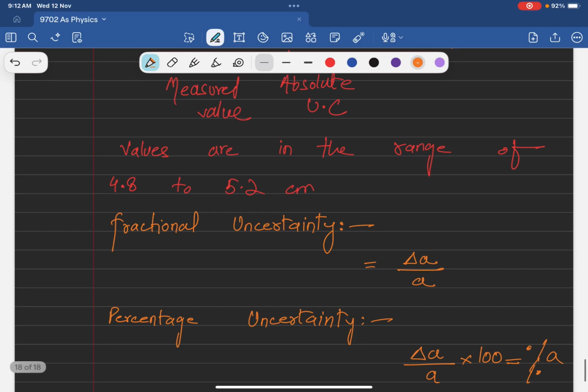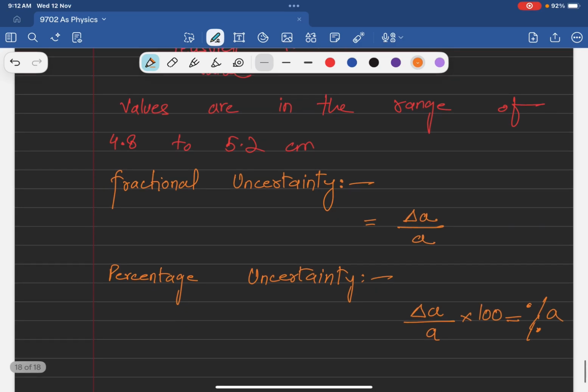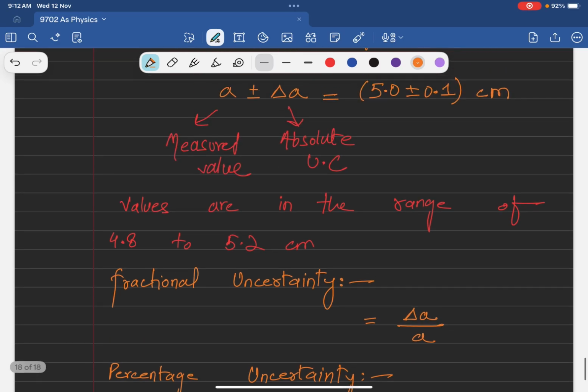So there are three ways by which you can state uncertainty. The simplest one is the absolute uncertainty, which is written in the measurement after plus minus. That is absolute uncertainty, the error that will surely come in your measurement, the range of error from some minimum to some maximum.